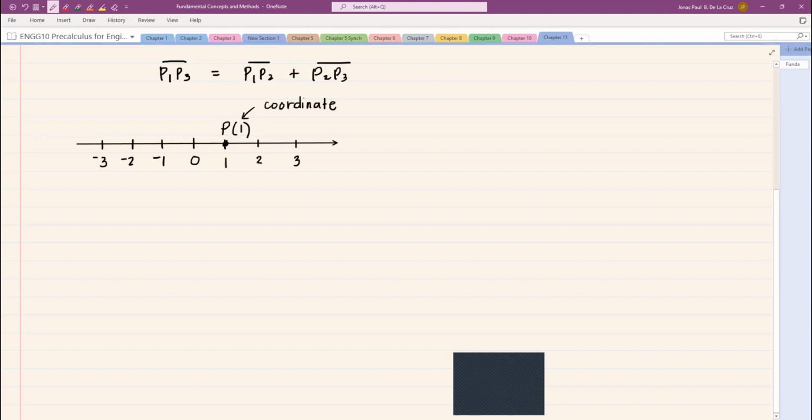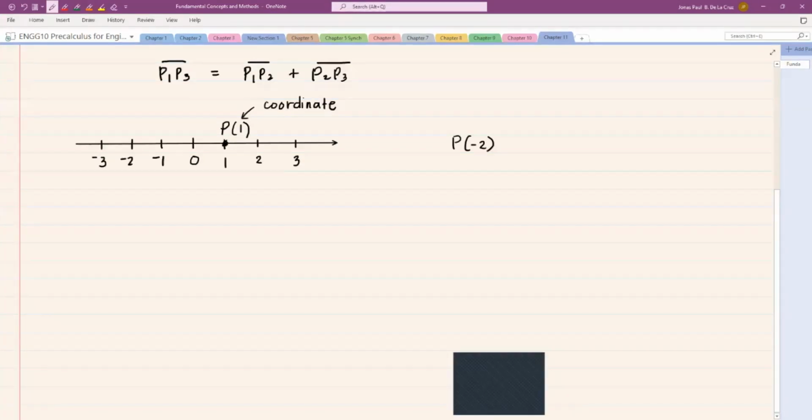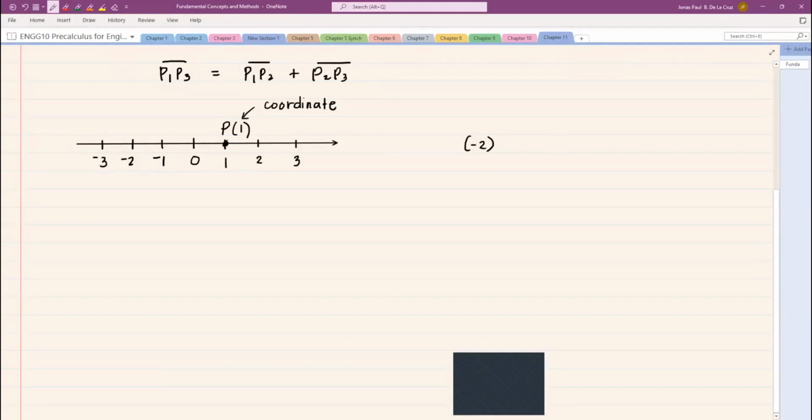If we want to plot A, for example, A at -2, that's 2 units to the left of the origin.